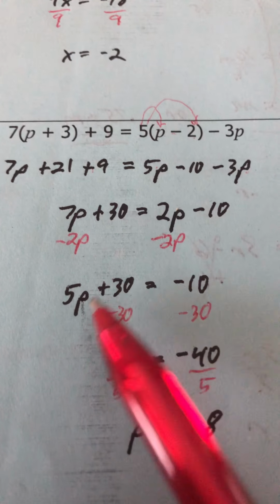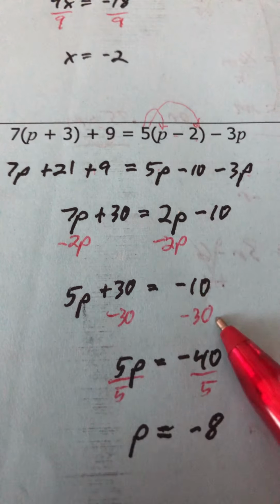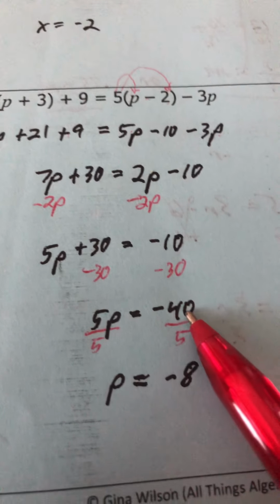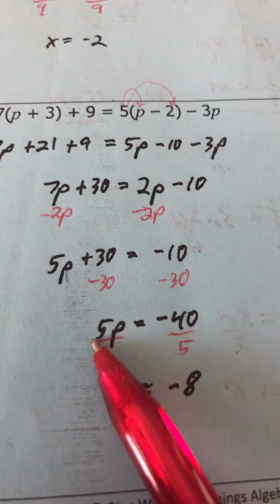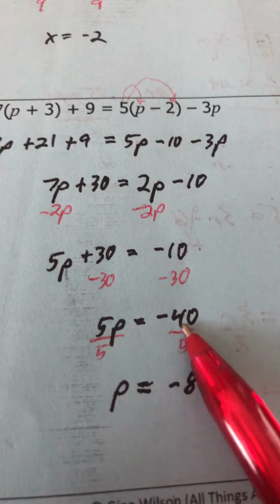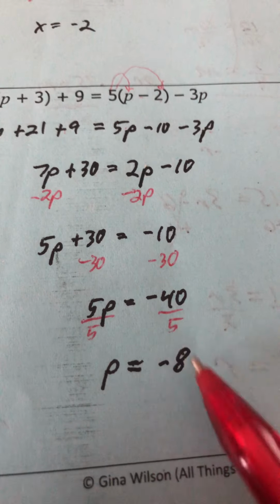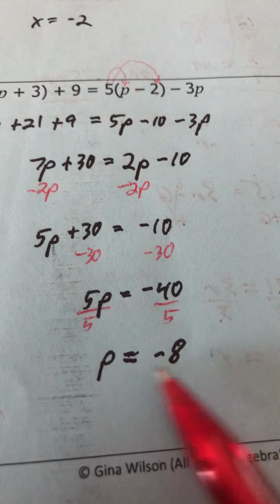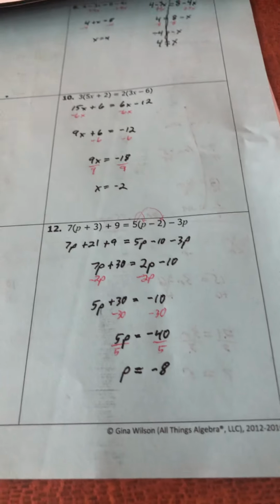So that's 5p. I subtract 30 from both sides. I end up with a negative over here. That doesn't bother me at all because I just divide both sides by 5. Negative 40 divided by 5 gives me negative 8. So p equals negative 8. All right, try the other ones on your own, and hopefully this helps.